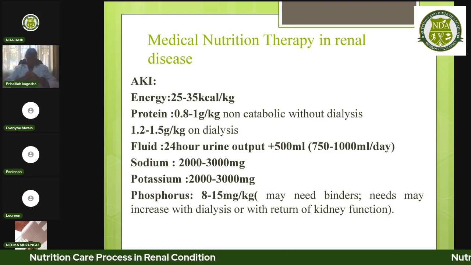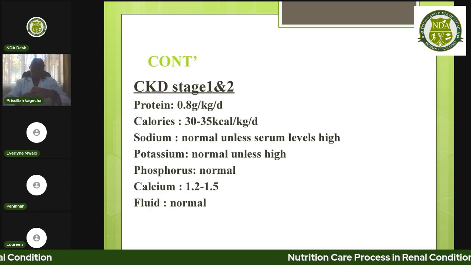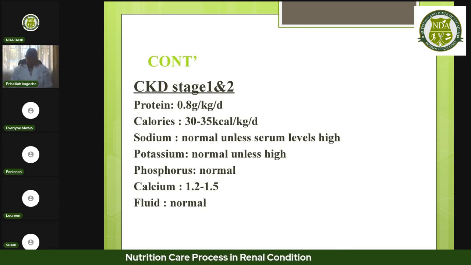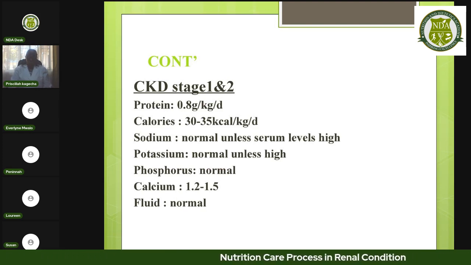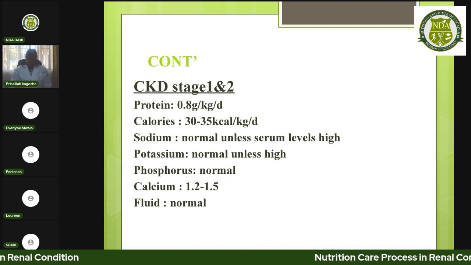All right, so we go to CKD, which is chronic kidney disease, in stage 1 and 2. In stage 1 and 2, basically, there are not many restrictions. The patient's protein need would be normal, 0.8 grams per kilogram per day. The calories as well, 30 to 35 kilocalories per kg per day.